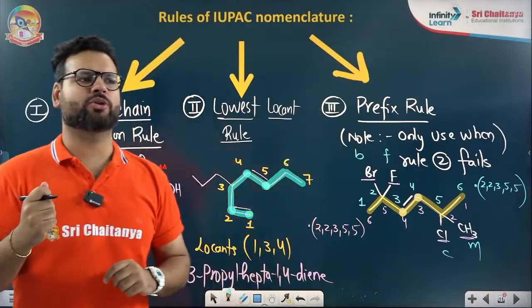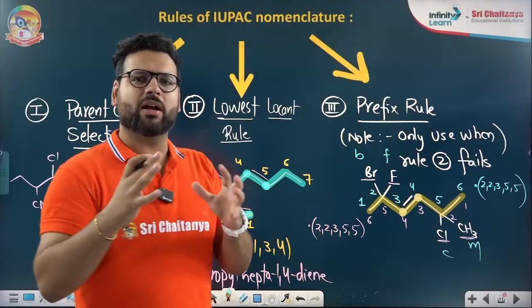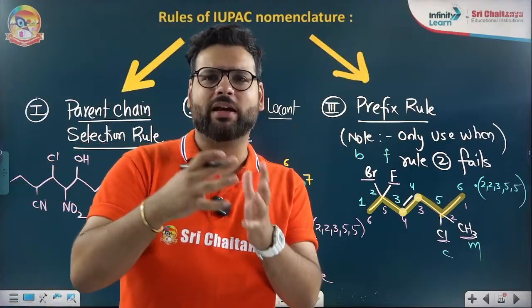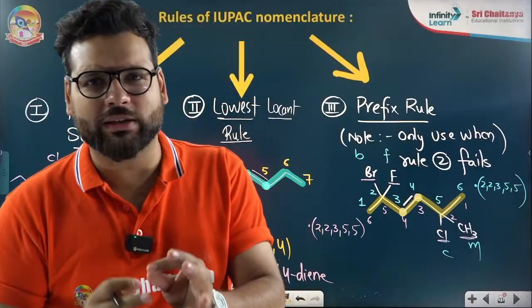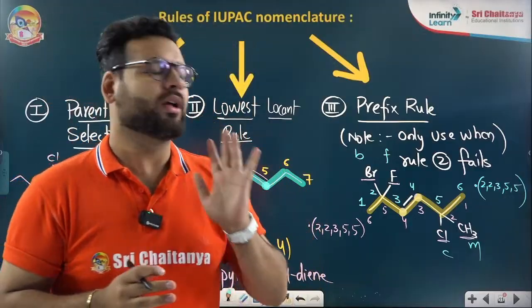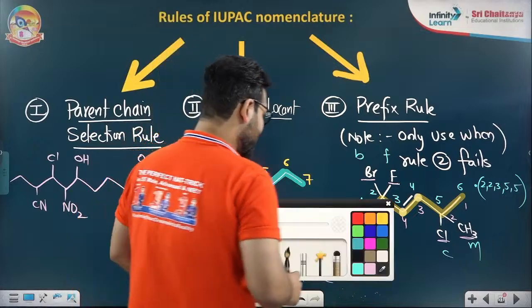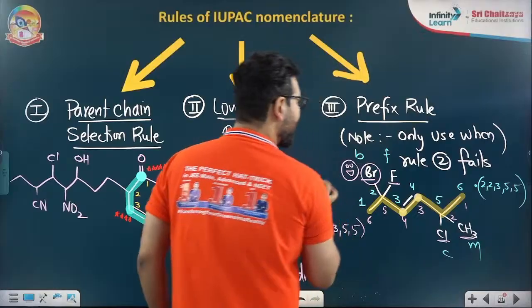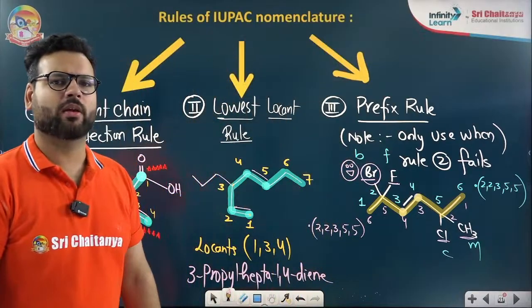Bromo starts with a B. So we should number in such a way that the alphabetically prior substituent gets the lowest locant. So B says, I am the king of the jungle today. I should get the lowest number.